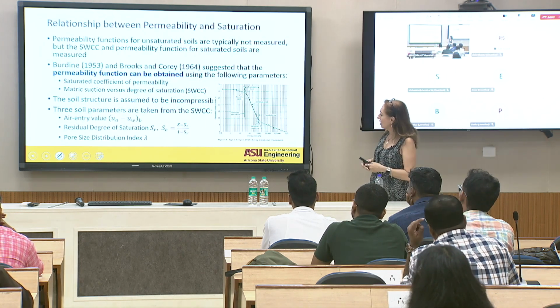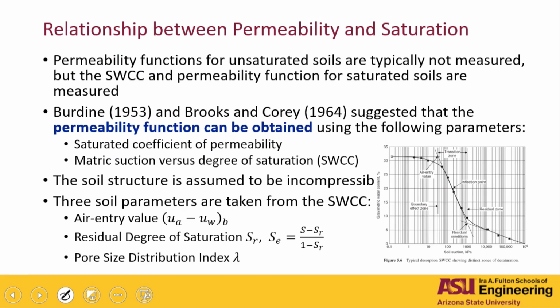Okay, so you are now familiar with the soil-water characteristic curve. The permeability function, when you start getting into that, is going to need the soil-water characteristic curve, and you're going to need the saturated hydraulic conductivity. Those are things that I'm very sure you saw in the laboratory.